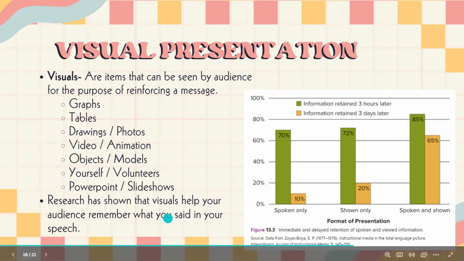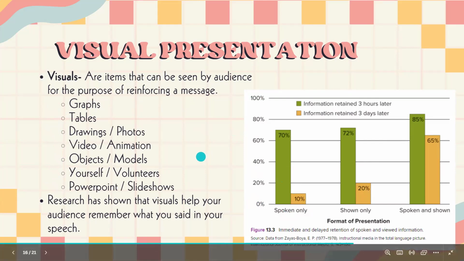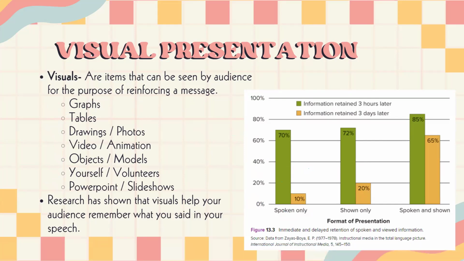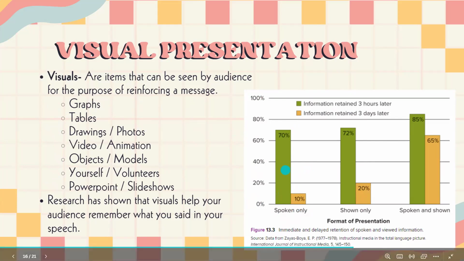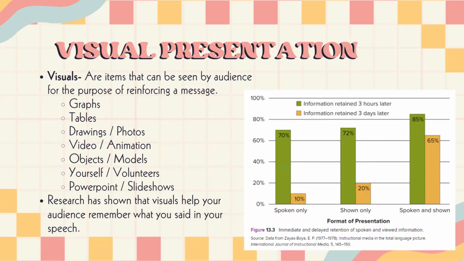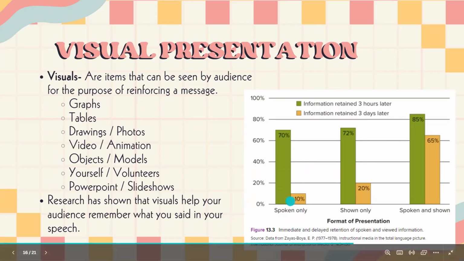I think this is super cool, but research has shown that visuals help your audience remember what you said in your speech. So if you could see this, the green is information they retain 3 hours later, and this is information retained or remembered 3 days later.